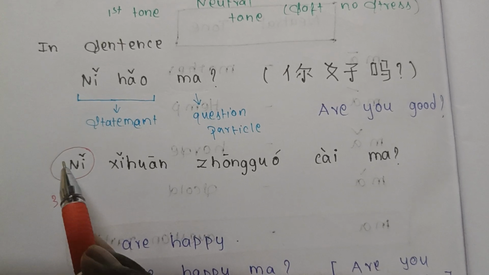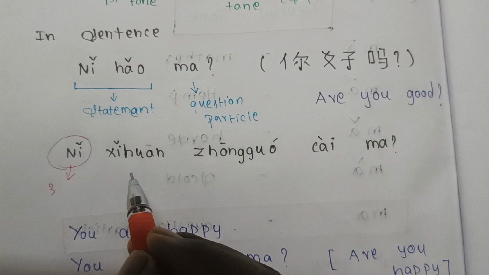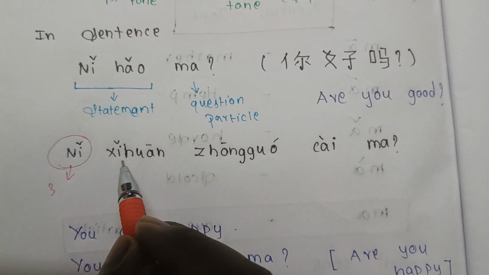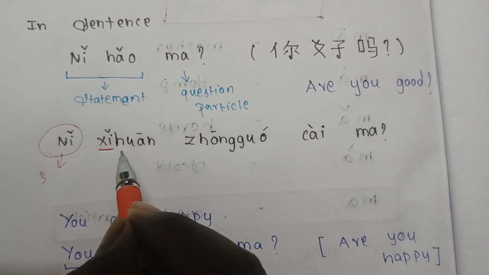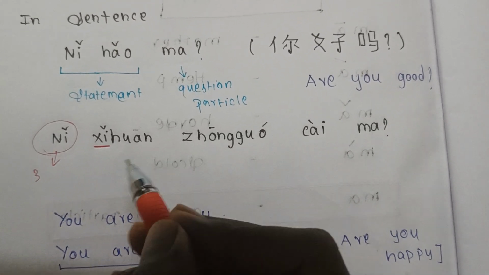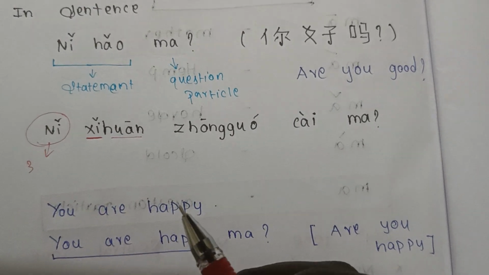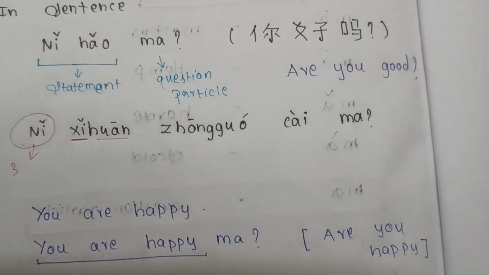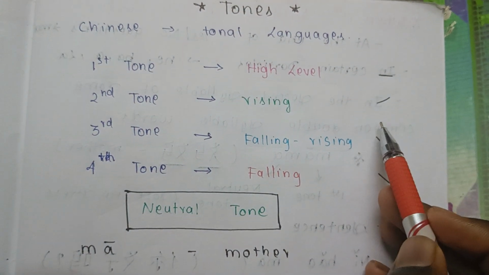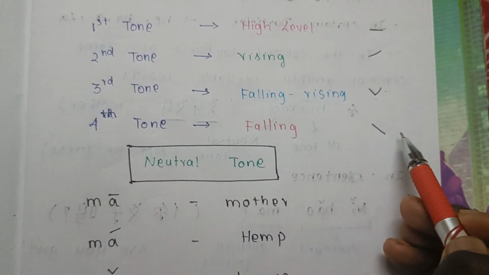Xi huan, xi. This is the third tone. Huan. It is the first tone. I think you remember what the first tone, second tone, third tone, and fourth tone are. You have to remember these tones. First tone is high and level, second tone is rising, third tone is falling and rising, and fourth tone is falling.